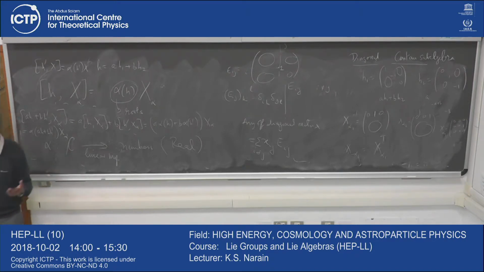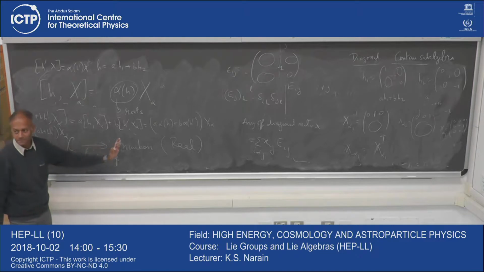But now imagine that somebody tells you, I have a vector space, some k-dimensional vector space, and I'm considering the space of all linear functions. By function I mean that it maps any element of this vector space to a number, a real number or complex, doesn't matter. So it's a linear map from a vector space to numbers.